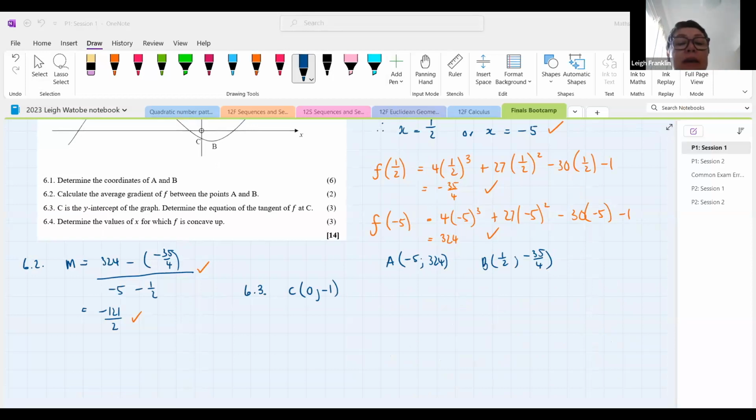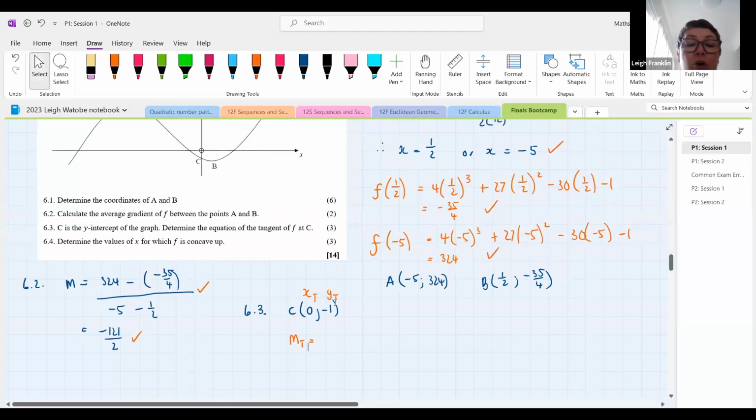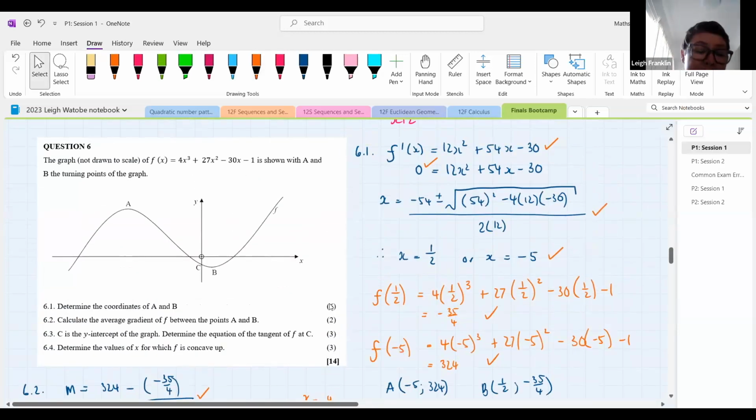Okay, so this is your x coordinate at the point of tangency. This is your y coordinate at the point of tangency. So in order to get the equation of the tangent, we now need the gradient at the point of tangency. We don't have to write down the equation again and then derive it.